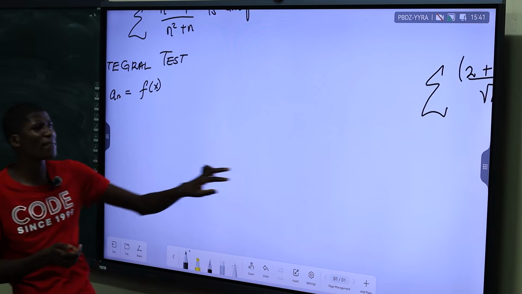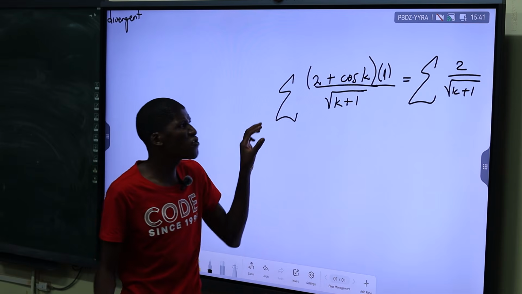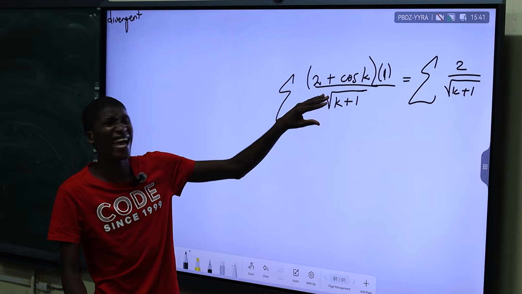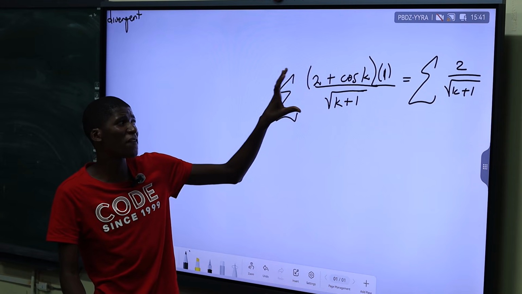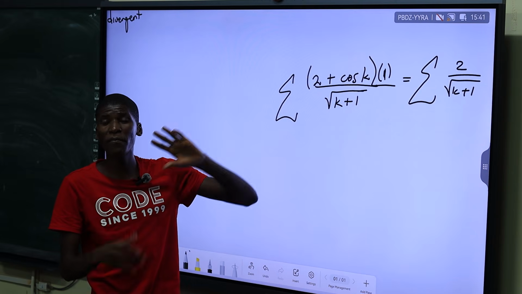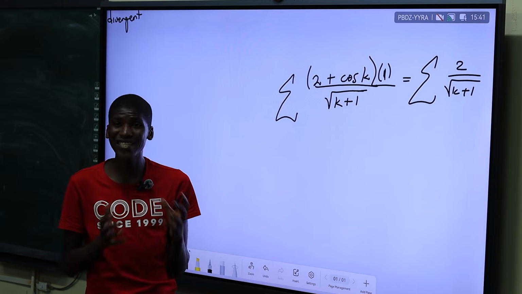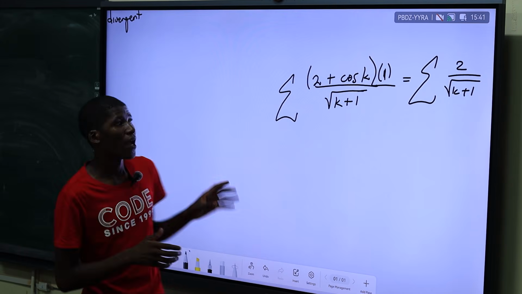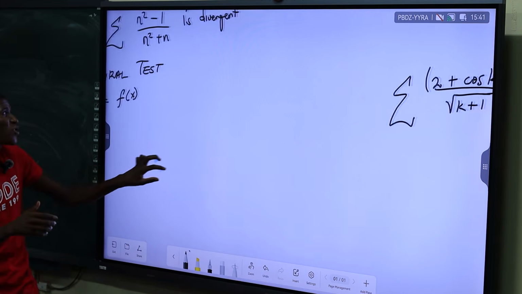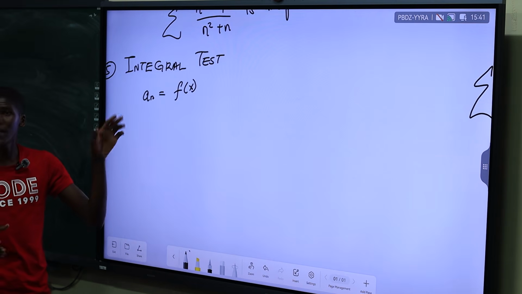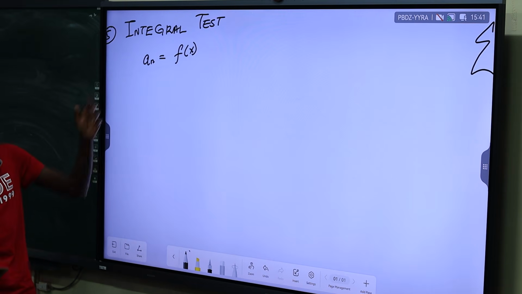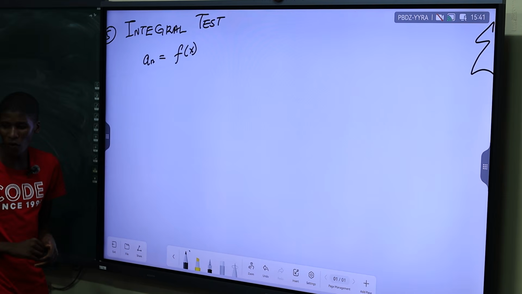So even on that problem that we omitted here, if you can find the integral of this, you can conclude it is convergent or divergent. It will depend on your integrating skills. But as long as you find it easy to integrate aN, then you will be able to find if it's converging or diverging.